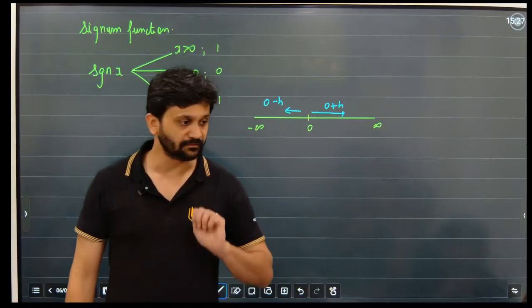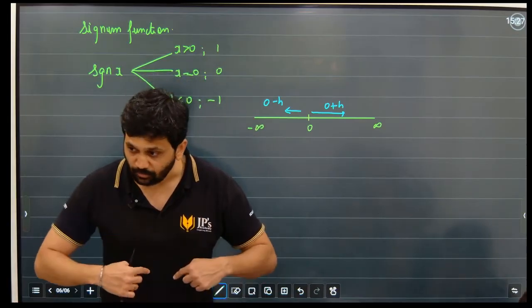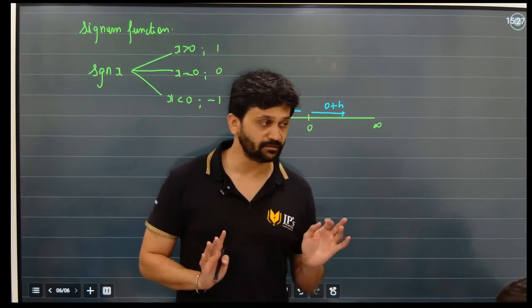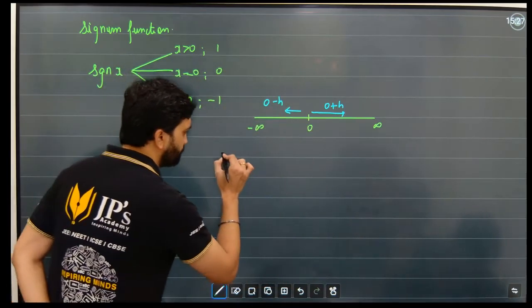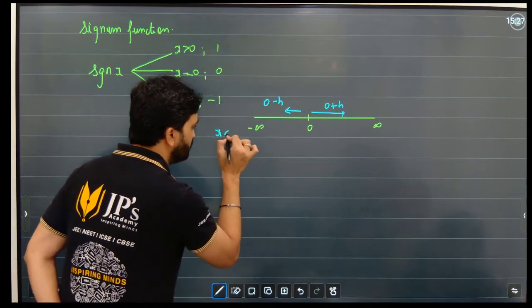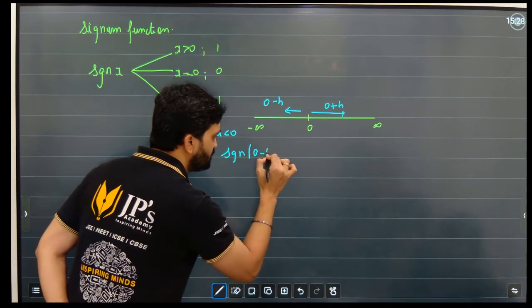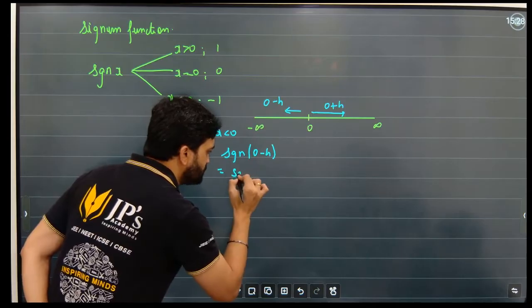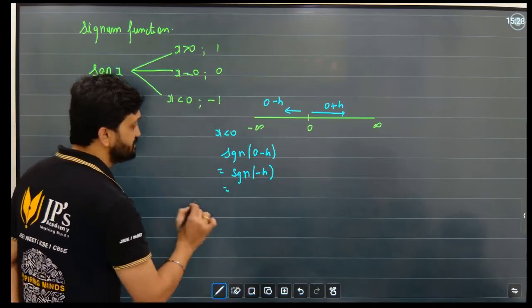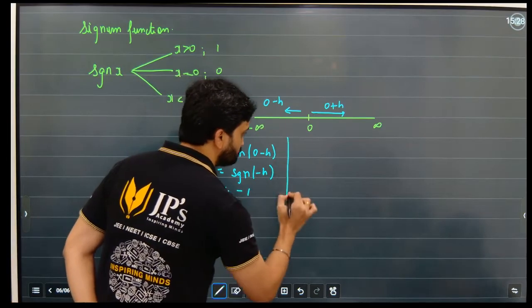I'm getting 3 different answers. So at 0, my answer is 0. Plus h, I'll write it, don't worry. Signum of, this is for x less than 0. 0 minus h will become signum of minus h, where h is greater than 0, so its value is -1.